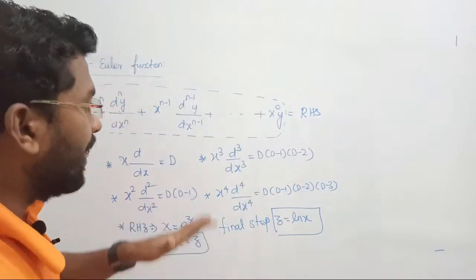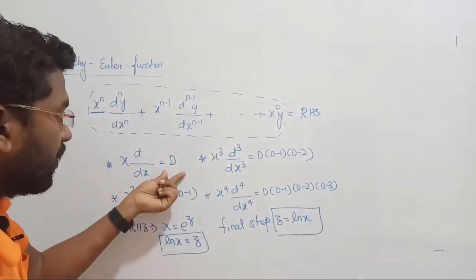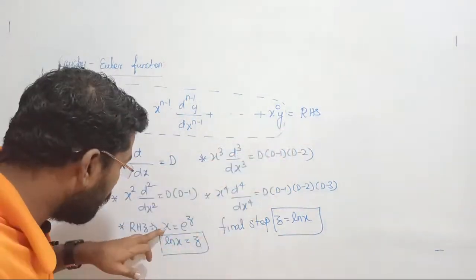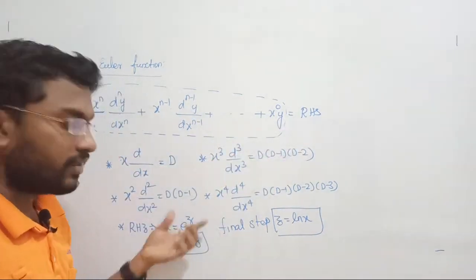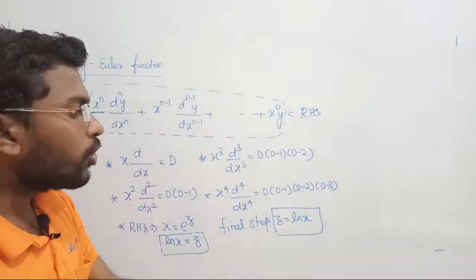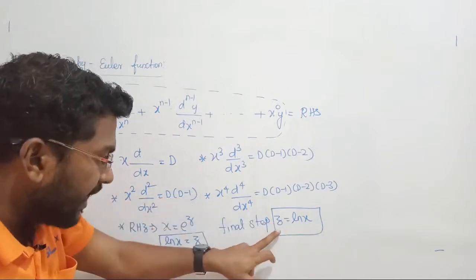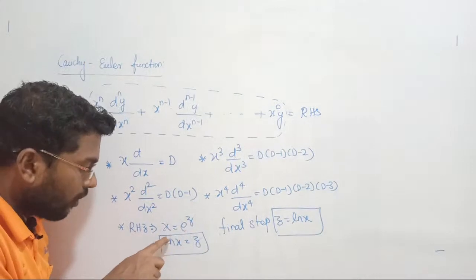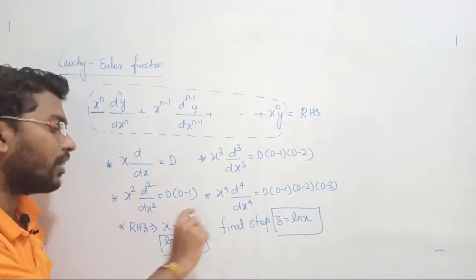But the thing is, when you apply these steps on the LHS in place of x into d by dx, at the same time go to the RHS, and wherever you have x, replace it by e power z. Then proceed further. After completing the full solution, go to the final step and replace z by ln x, because if x is equal to e power z, then ln x equals z. Just take ln on both sides and you will get this.